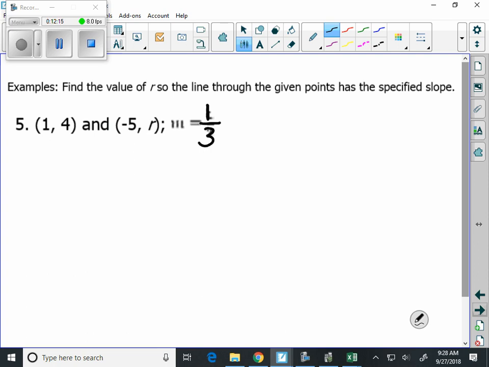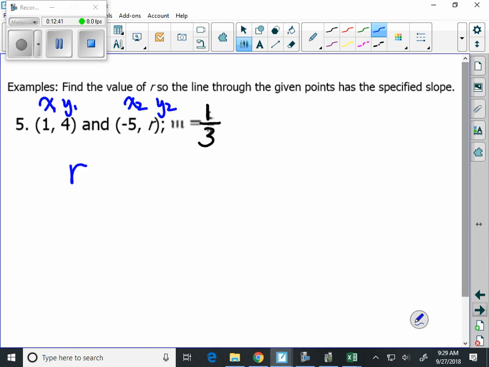What if we already know the slope and we want to find the value of the point? And I want to solve this one algebraically, so I'm going to continue to start with x1, y1, x2, and y2. And we're going to fill in the formula.